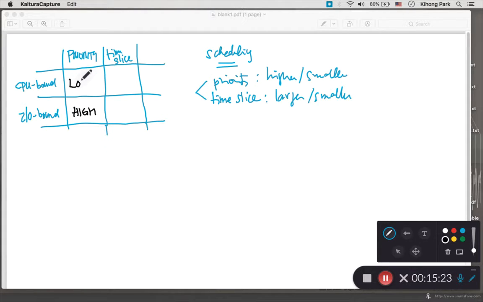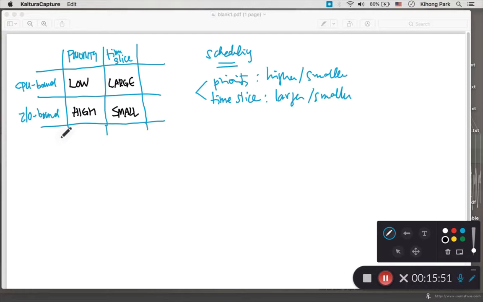So here, let me say low. This is relatively speaking. Then what about time slice? The CPU bound guys need CPU, so they benefit from having a large time slice. These IO bound guys, they don't need much CPU. So for them, having a small time slice is okay.